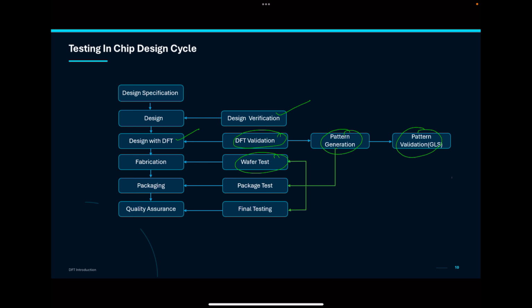The good chips are then packaged and move on to package testing and final testing, where we check functionality, performance, and reliability. Finally, all results come together in quality assurance, ensuring that only chips meeting the highest standards reach customers.